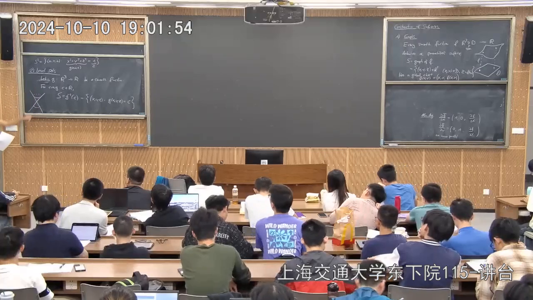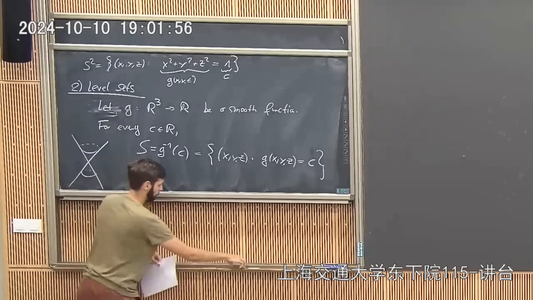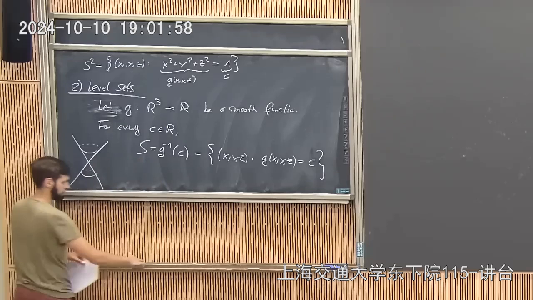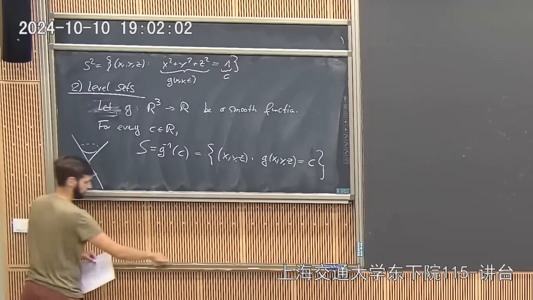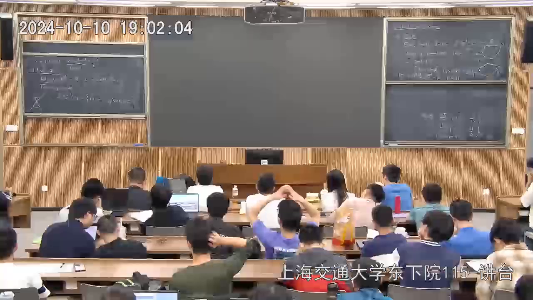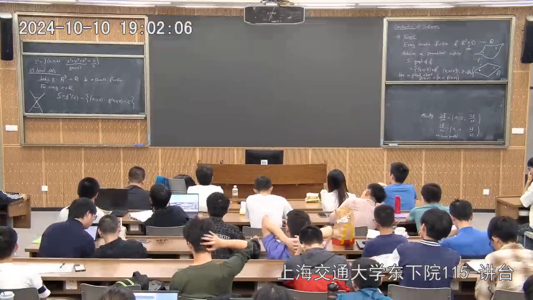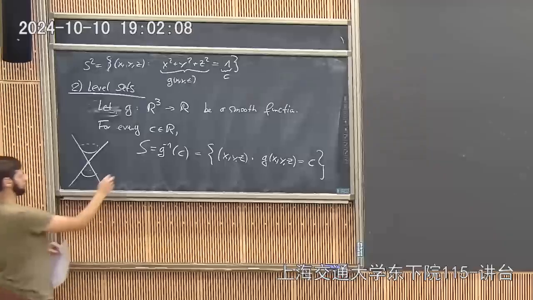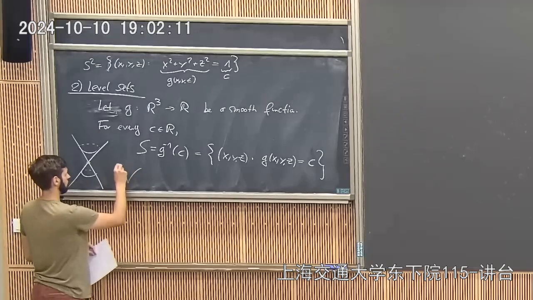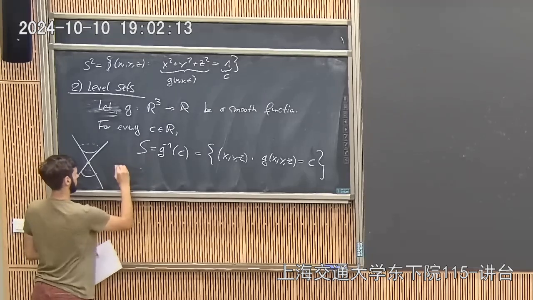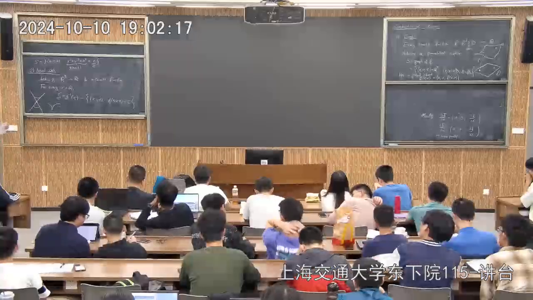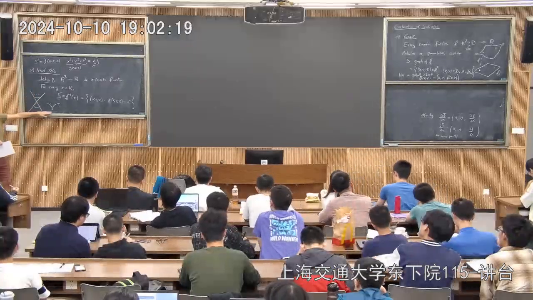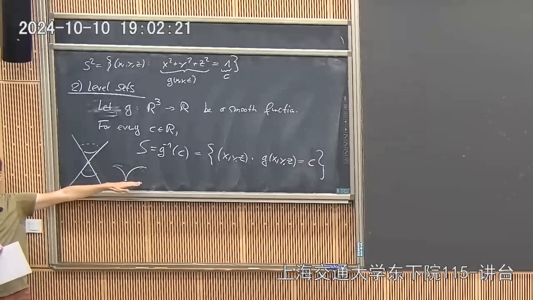But this one clearly has some kind of problem at this point here. It's clearly something a bit singular. It's exactly like these curves that we looked at, which we also didn't want to look at. The cone looks very similar to these non-regular curves that we have.